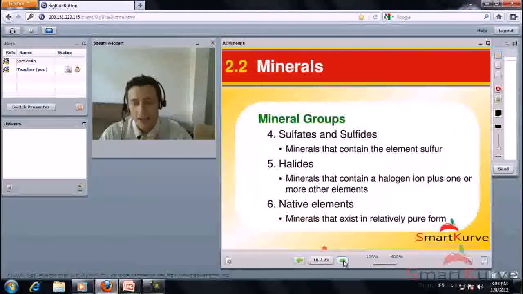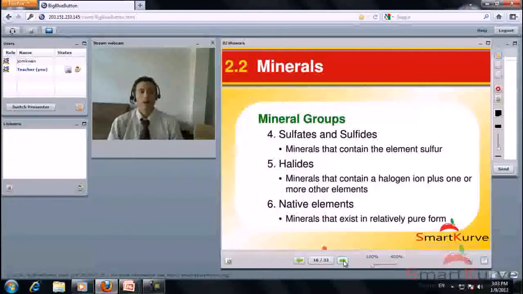Other groups, sulfates and sulfides. These are minerals that contain sulfur. Halides, minerals that contain halogen ion plus one or more other elements. Remember, the halogens are the elements that are over on the right side of the periodic table, right beside the noble gases.